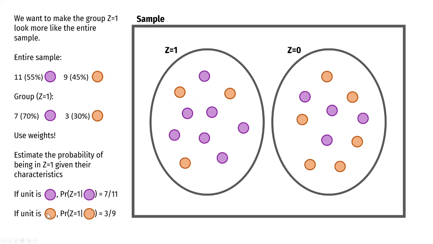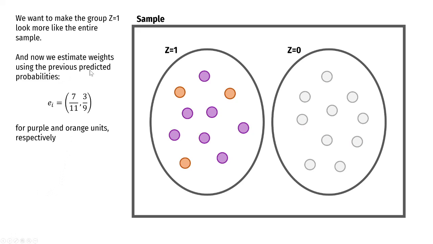While if a unit is orange, it only has 3 out of 9 possibilities of being in the respondent group of z equals 1. Again, because we only have 3 units here out of the 9 total orange units. So those are the probabilities, right? This would be exactly the same probabilities that you would get if you used a logistic regression and used that to predict probabilities based on their characteristics.